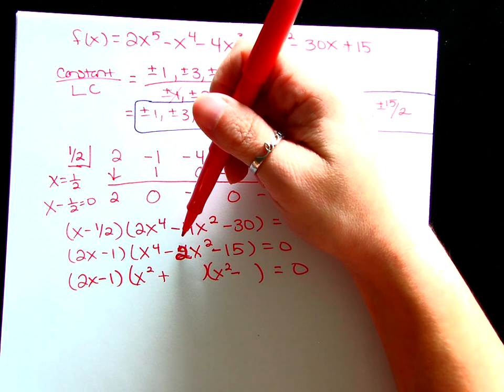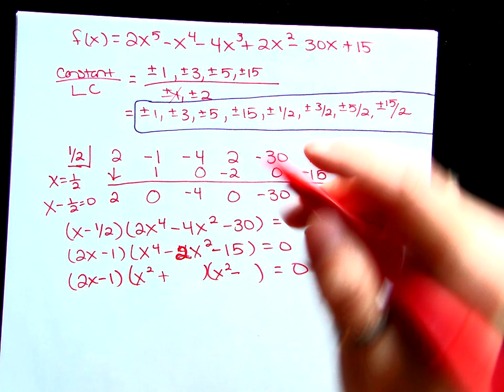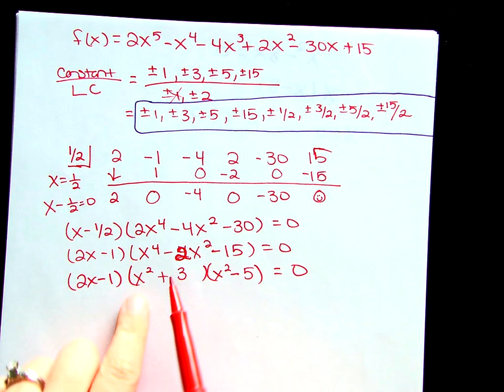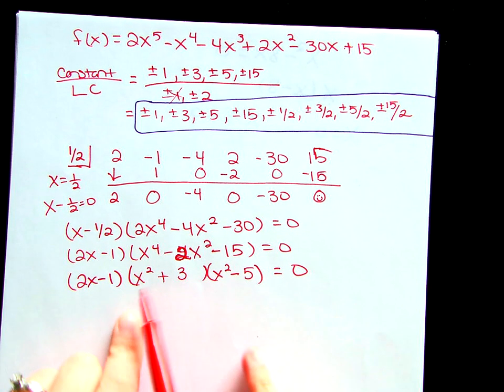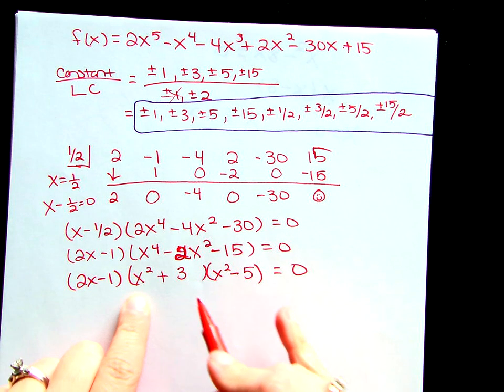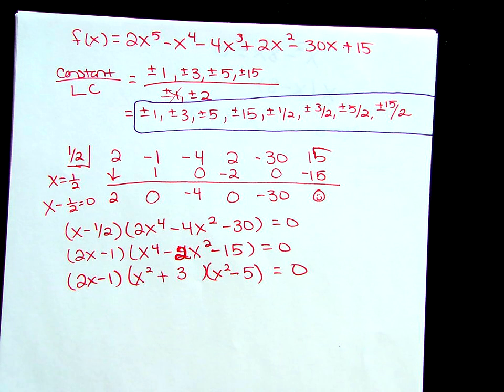Positive 3 and negative 5. We can test that. First gives me x to the 4th, minus 5x squared plus 3x squared gives me my negative 2x squared, and then my minus 15. So sometimes when they look big, bad, and scary, they do actually factor relatively nice.